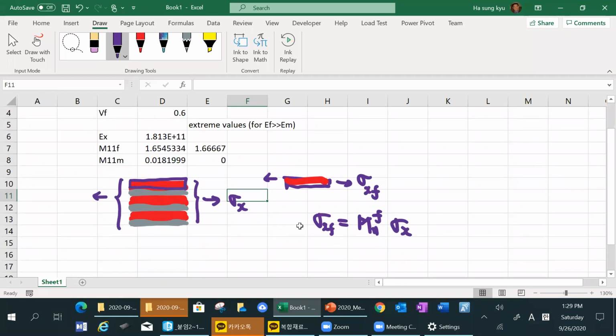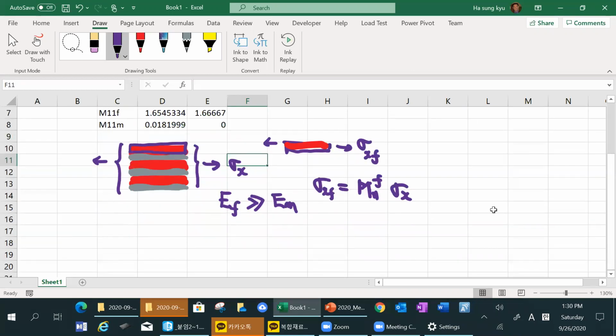So again, how much stress will be transferred by the fiber when this ply is subject to sigma x? And imagine that the fiber stiffness is much bigger than EM.